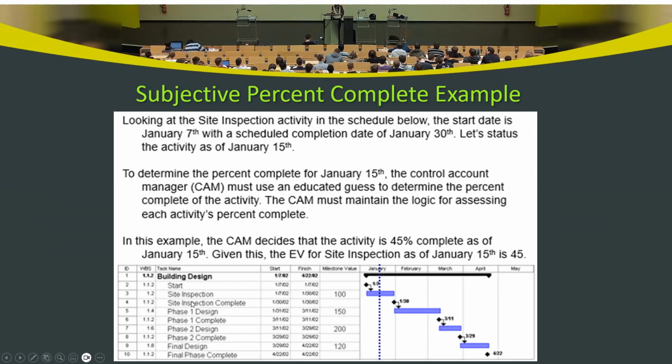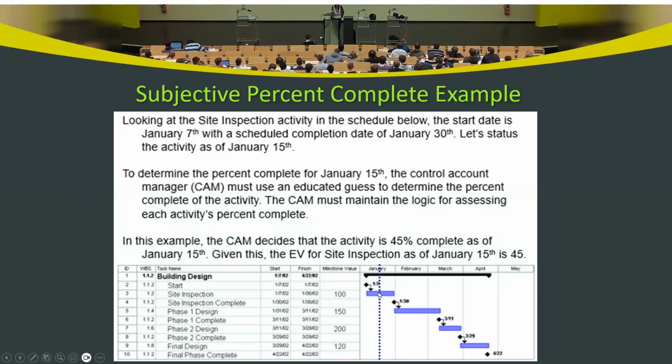The first activity, site inspection, is supposed to complete at the end of January, but you are looking at the status in mid-January. Work is not completed, so the control account manager for this work uses a best guess and says we can claim 45% earned value here.